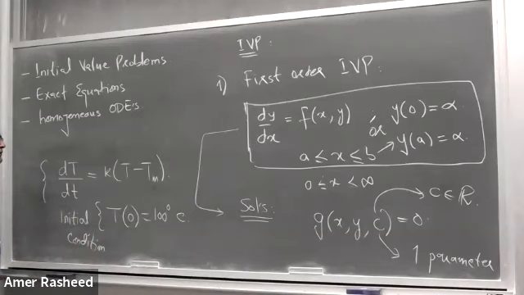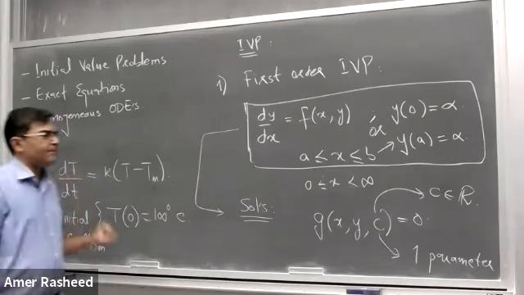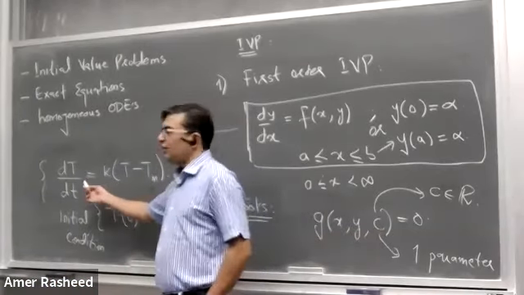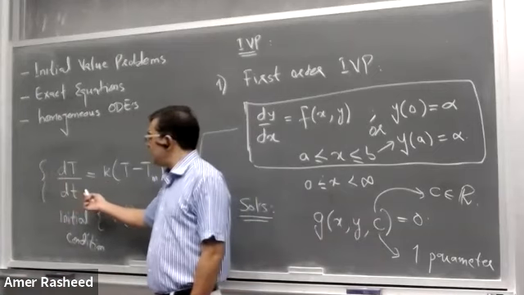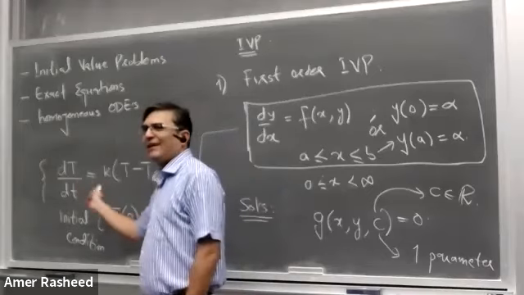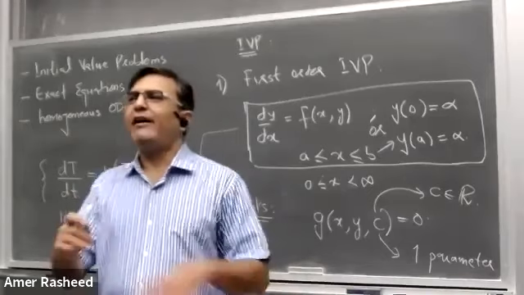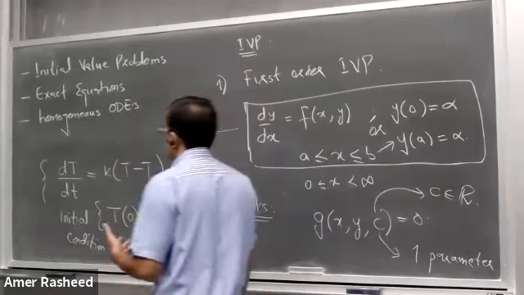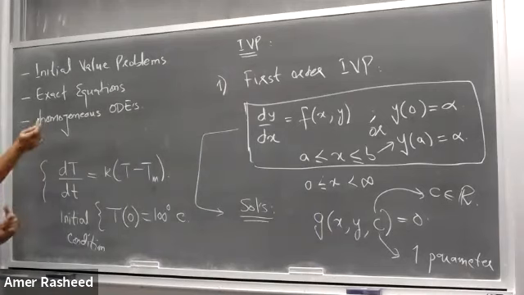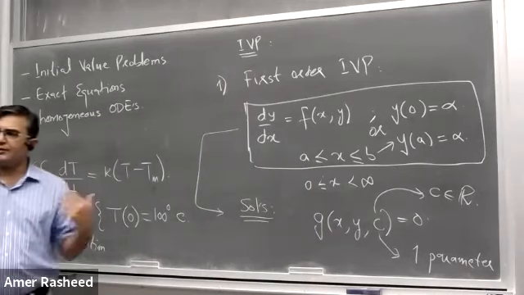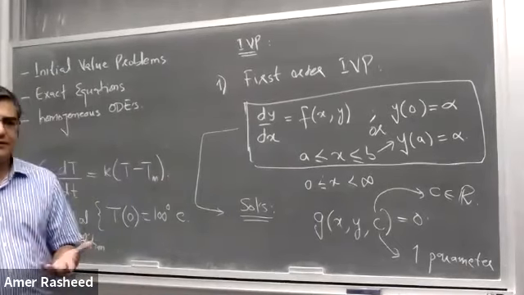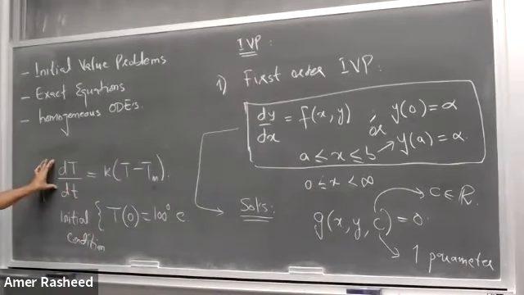Now, this condition will help us to find the constant of integration which arises due to the integration of this equation. While finding the solution, for example by using separation of variables, you separate the variables and then integrate both sides of this equation. You get a parameter, a constant of integration, in the solution of this differential equation.